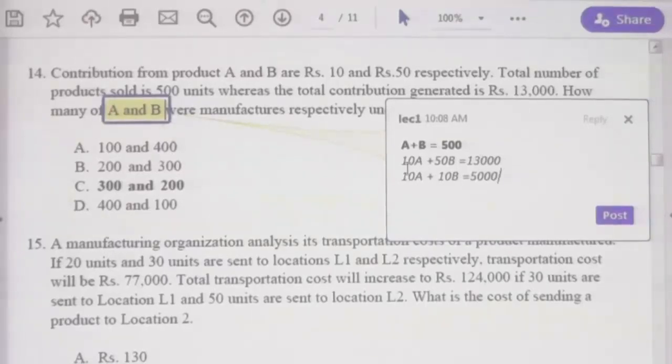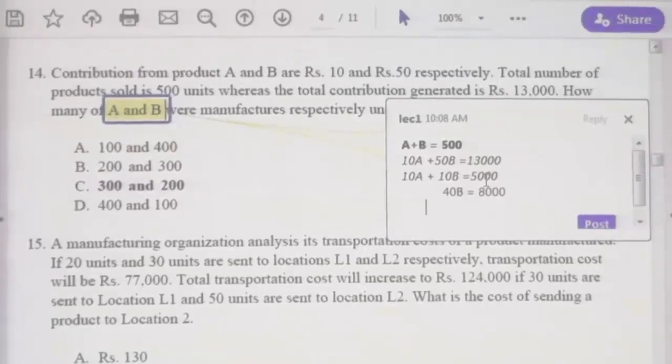You can deduct this third equation from the second equation. Then 10A minus 10A is 0, then 50B minus 10B will be 40B, right? 40B equal 13 minus 500 is 8,000.